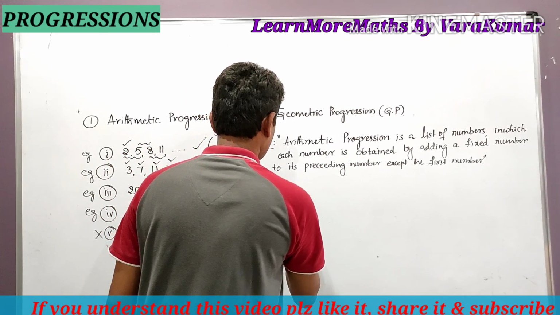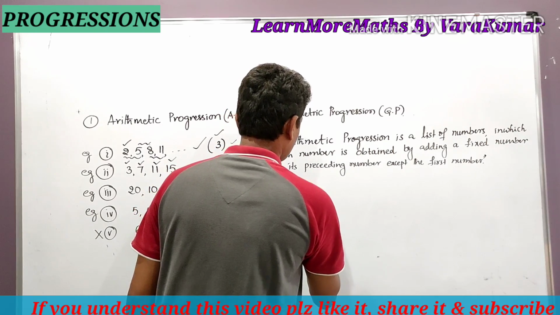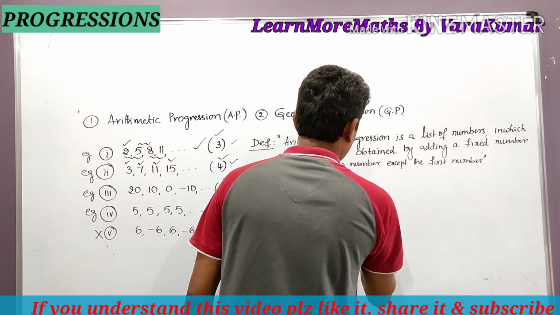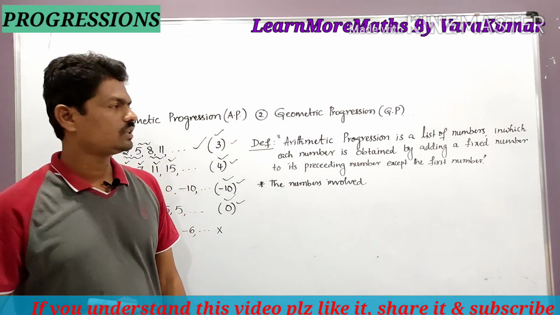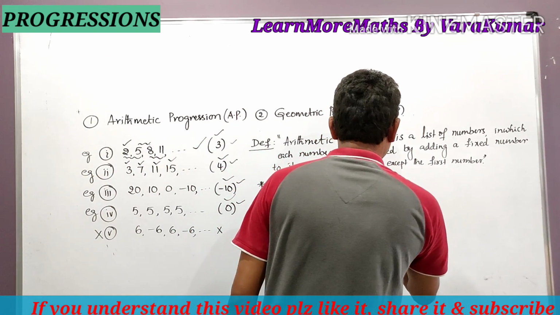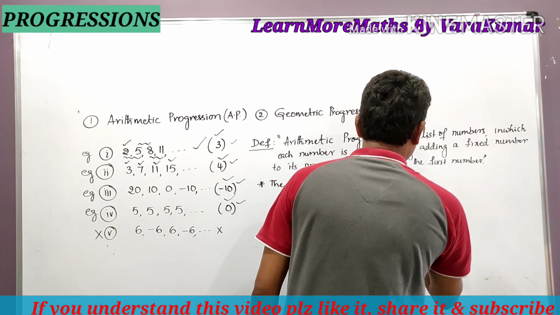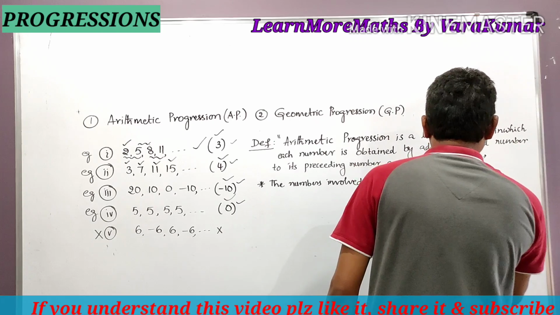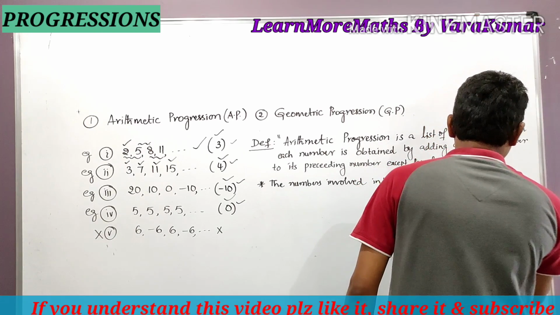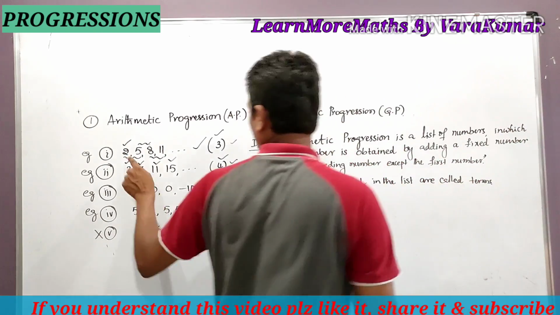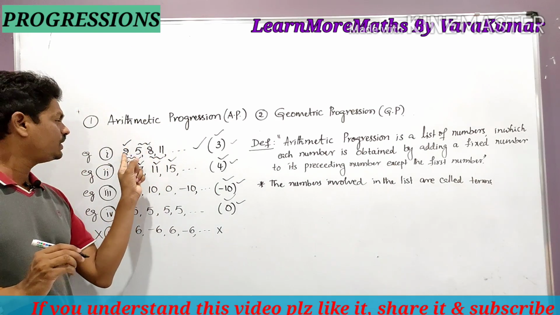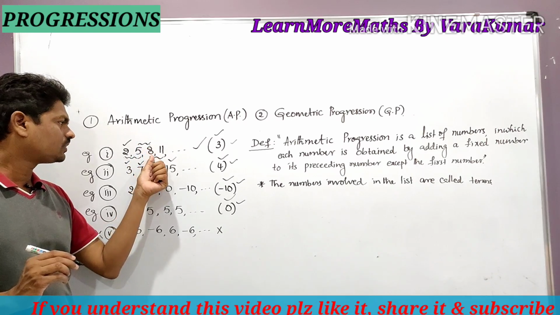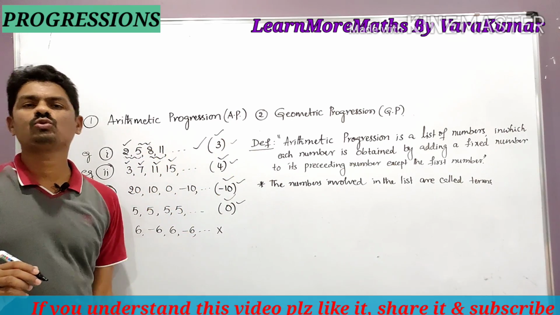So the numbers involved in the list are called terms. This is the first term, second term, third term, fourth term and so on.